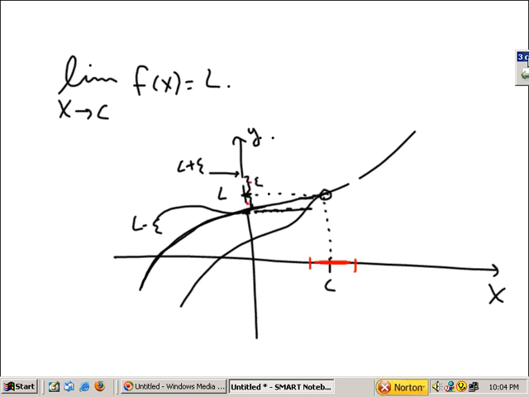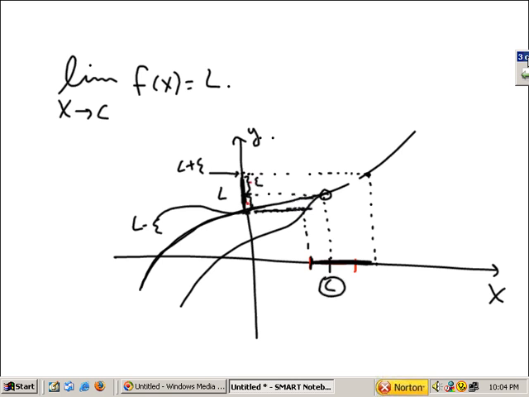So here's L minus epsilon height, and here's the point that gives me y as L plus epsilon, and here's my interval. If I keep my x's that close to C, I guarantee you I'll get close to L. The smaller epsilon is, the closer I get to L.